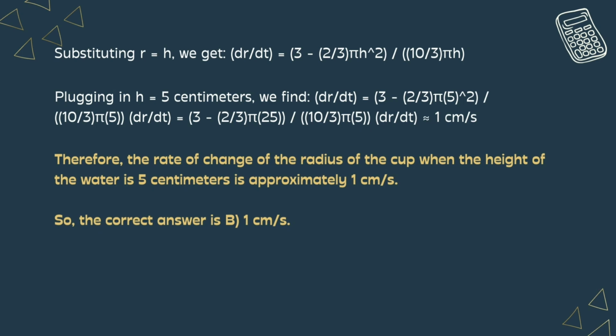Therefore, the rate of change of the radius of the cup when the height of the water is 5 centimeters is approximately 1 centimeter per second. So the correct answer is B, 1 centimeter per second.